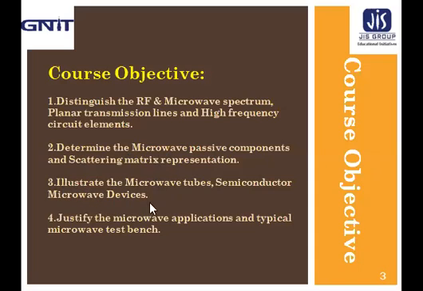Third is to illustrate the microwave tubes, semiconductors, and microwave devices. And the fourth one is to justify the microwave application and typical microwave test bench. These are the course objectives of RF and Microwave Engineering.